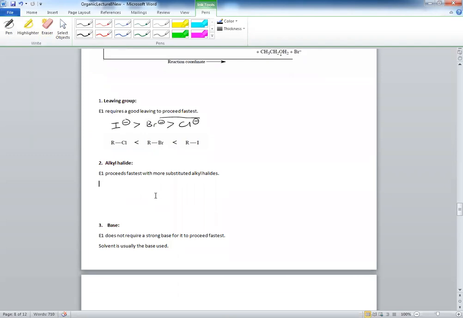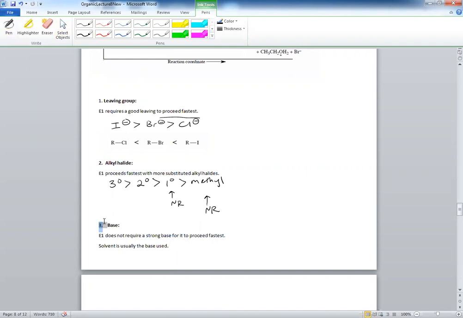The alkyl halide is also similar to SN1, which is tertiary, better than secondary, secondary, primary, and of course, methyl. In fact, there's no reaction at the primary or the methyl. So we need more substituted simply again to stabilize the carbocation.